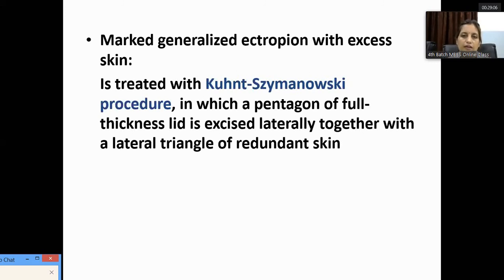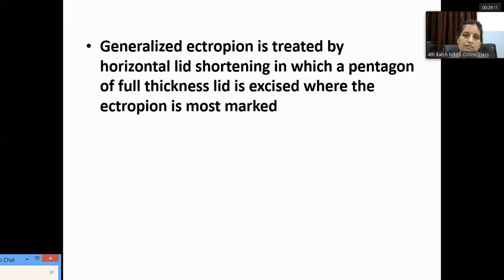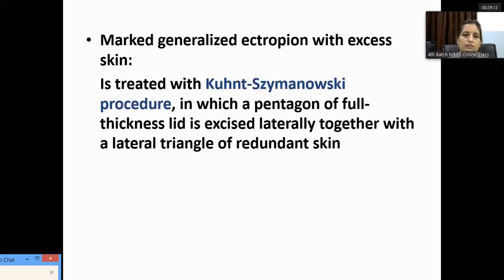It is the same as the generalized pentagon procedure, but here the skin is also excised in a triangular fashion. So it's a procedure name given after the scientists.